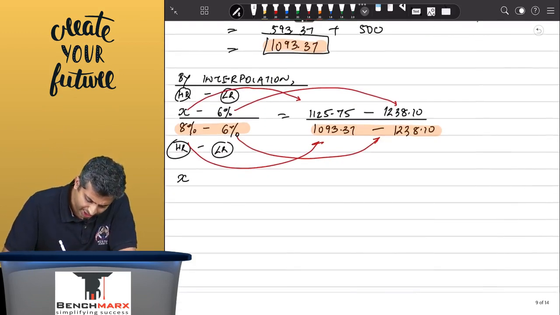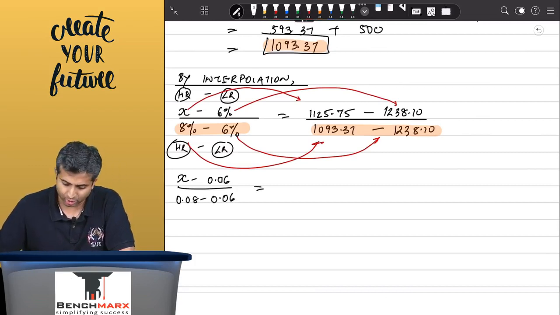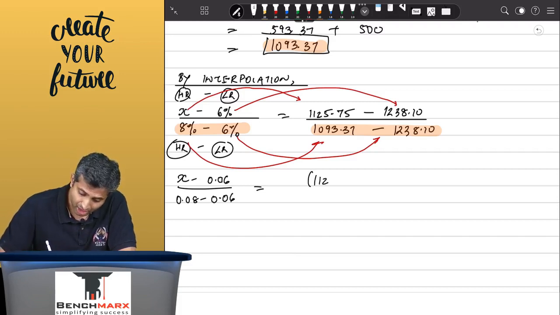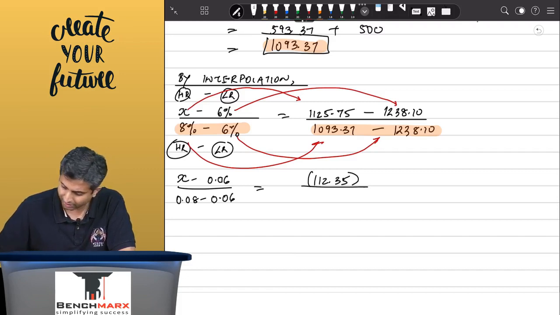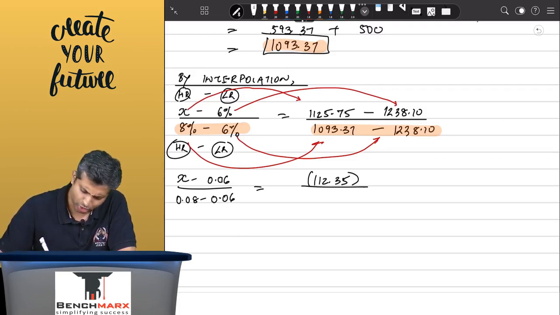Let us say this is x minus 0.06 upon 0.08 minus 0.06, which on the left hand side gives you 1125.75 minus 1238.1. So this is a negative 112.35 upon 1093.37 minus 1238.1. So this will almost always be negative only.